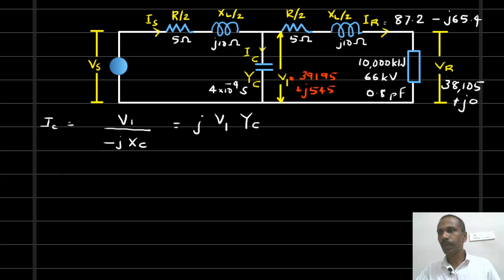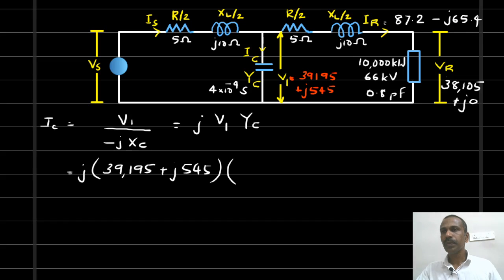So this is equal to J into V1, where V1 equals 39,195 plus J545 into the capacitive admittance, which is 4 into 10 raised to minus 4.